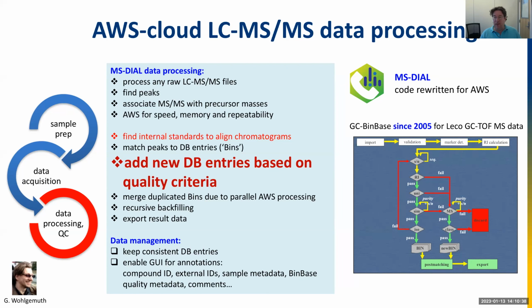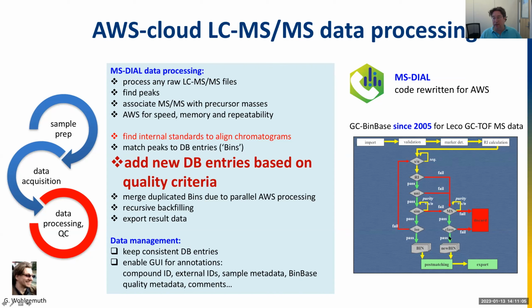Importantly, GC binbase, as you can see here on the right-hand side in the flowchart diagram, is also able to automatically add new compounds. So it's not needed that a user has to say we found a new compound; it's done automatically. However, of course, you sometimes have questionable peaks, low abundant ones, or peaks that have bad MS spectra.